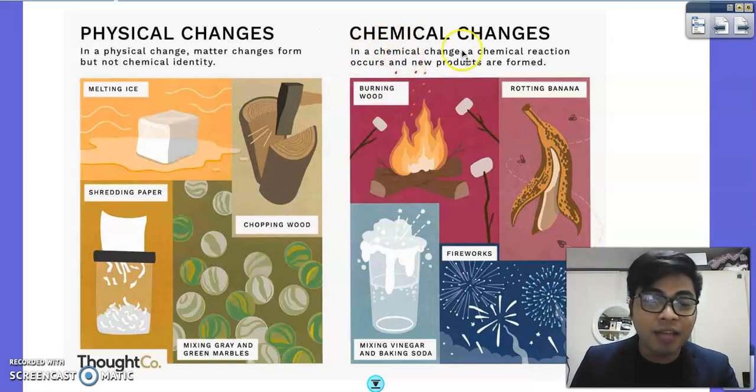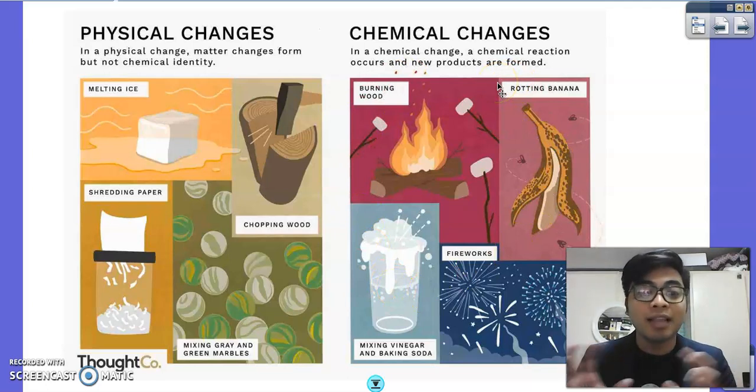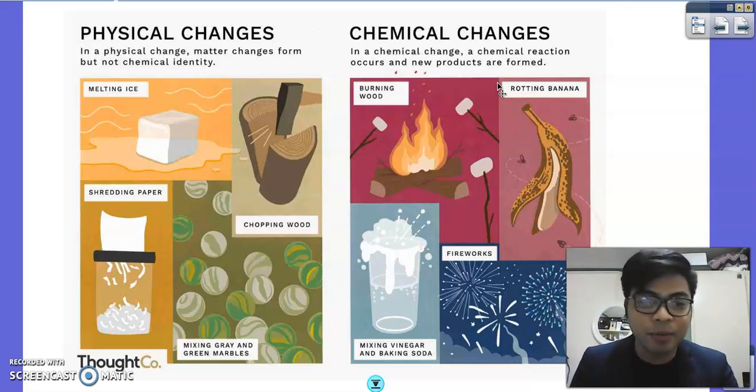In a chemical change, a chemical reaction occurs and new products are formed. These are the examples. I just want you to read it. If you want to take a look at it for a longer time, hit pause right now and read it again. Okay? So you can review this video again and again so that you will master the difference between physical and chemical changes.